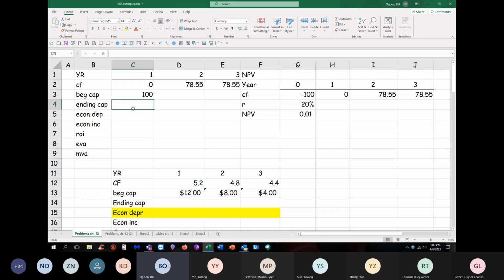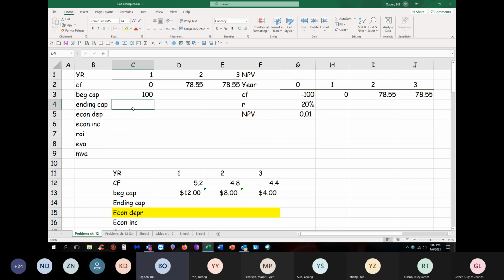What's any asset worth, regardless of whether it's precious stones, farmland, or financial securities? It's the present value of all future expected cash flows discounted at a rate appropriate for the riskiness of the investment.